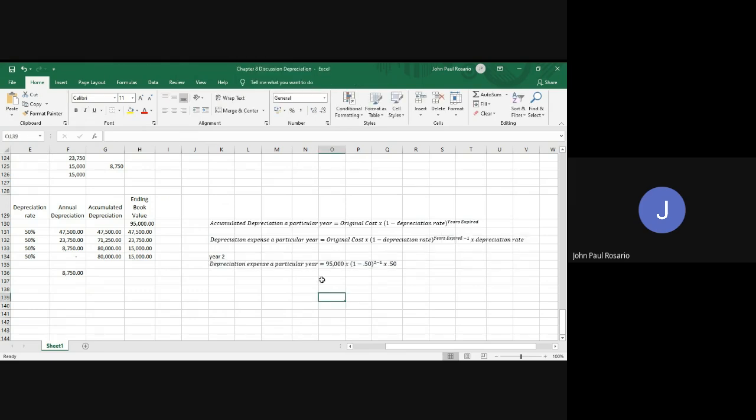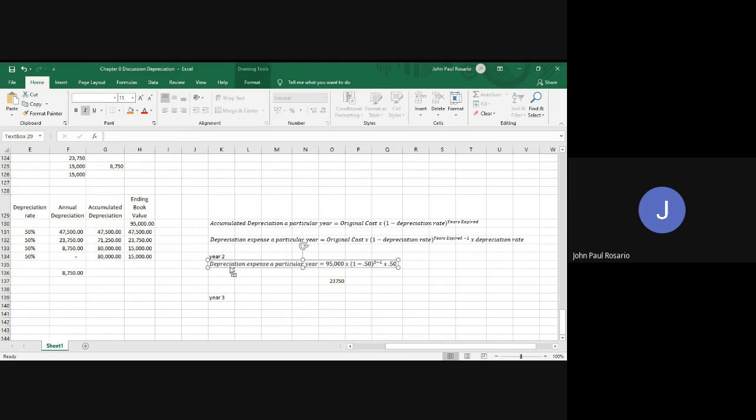Okay, so if you solve this, so this would be 95,000 multiplied by 1 less 0.50 raised to the power of 2 minus 1, and then we multiply that by 0.50. Okay, so depreciation expense on year 2 is 23,750.